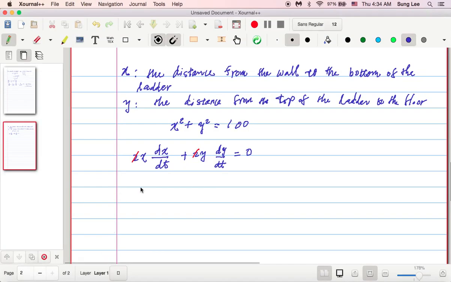So we are going to solve this for dy/dt, and that will be negative x over y times dx/dt. Okay?